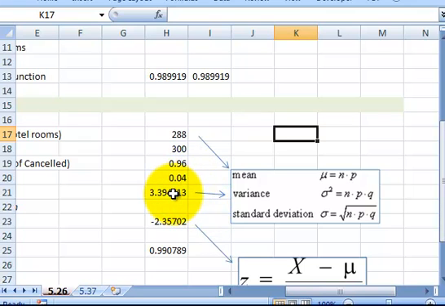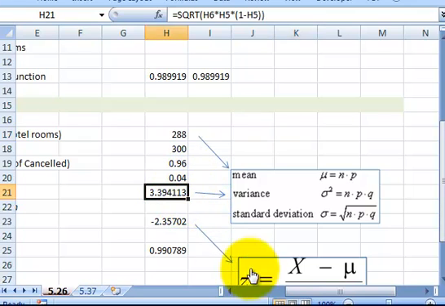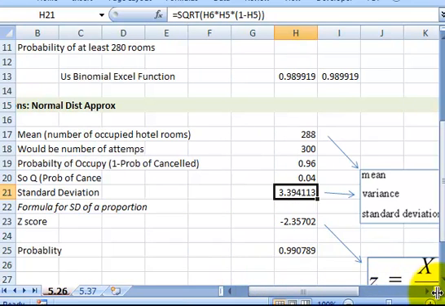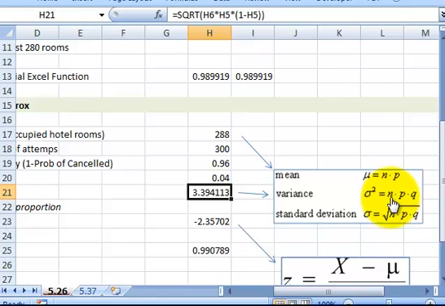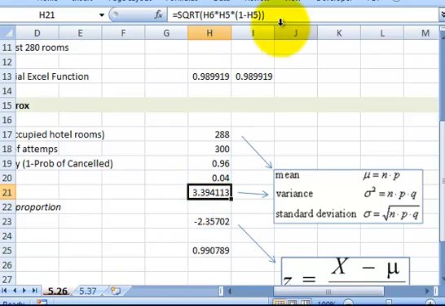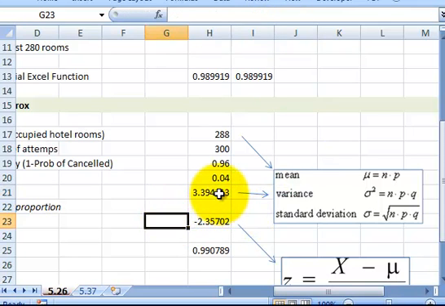So now we know the mean. The next thing we need to figure out is the standard deviation, which is simply the square root of the number of trials, which is 300, times the probability of success, 0.96, times the probability of failure, 0.04. So there we go, we got our standard deviation.